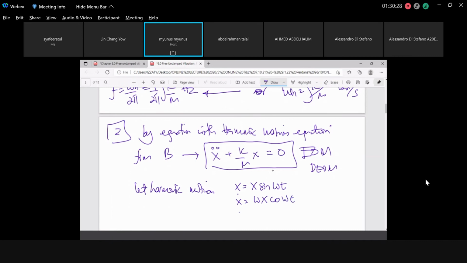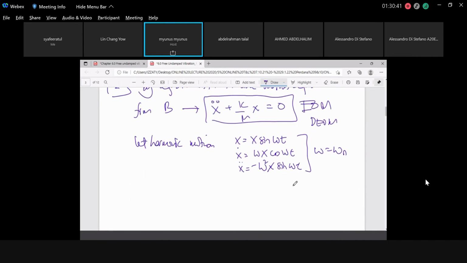Another one, x double dot equals negative omega square x sine omega t. Here omega is equal to omega n. You can also put omega with the subscript n. So put it there, equation C.